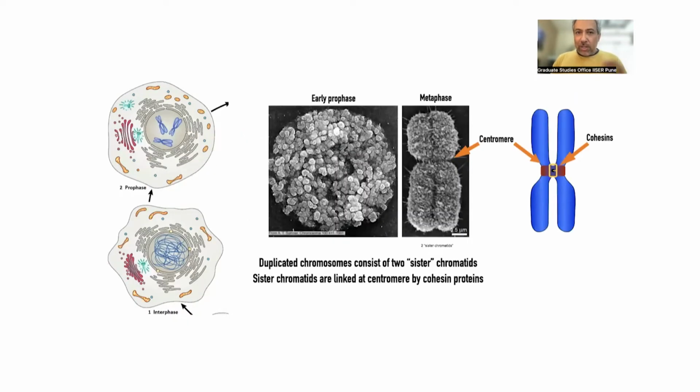As I mentioned, during the early prophase, the chromosomes, the DNA material that is duplicated, is packed into these chromosomal structures. And they have something known as a centromere that, as shown here, holds the two sister chromatids together. There are these molecules called cohesins that are essentially what allow the microtubules to come and bind the sister chromatids and pull them apart.